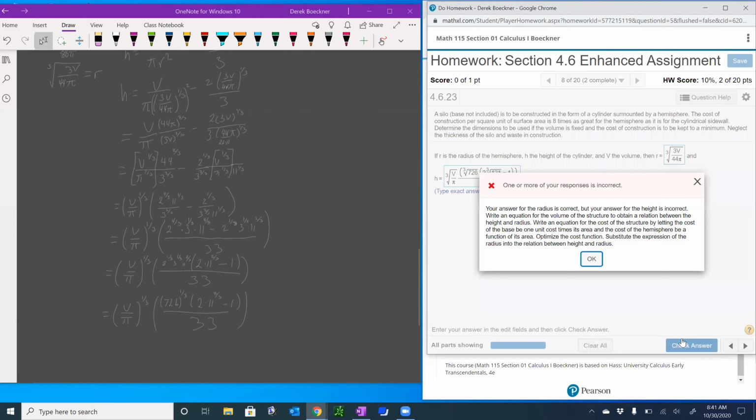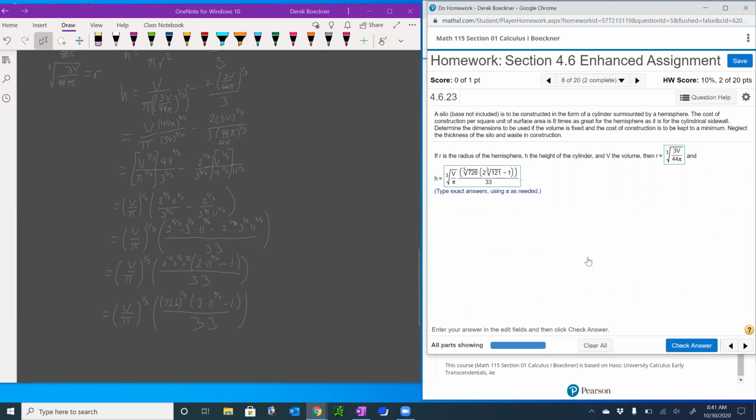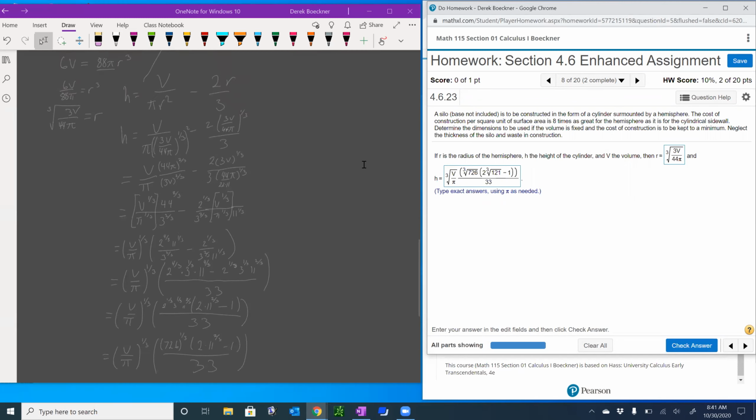Risky check, and we're not good. Can anybody see anywhere I screwed up my arithmetic? Let's just not do any of the, yeah, probably.